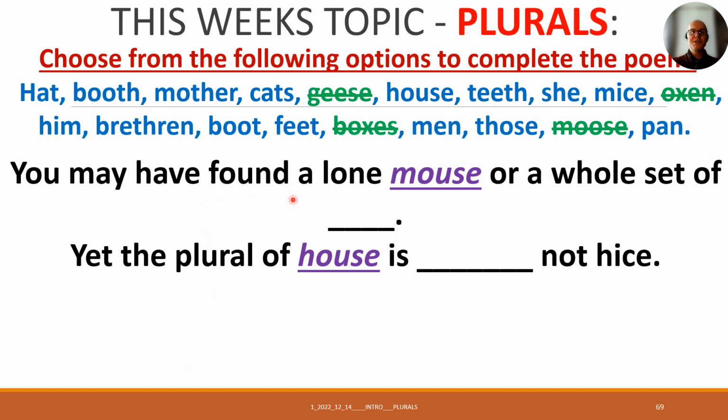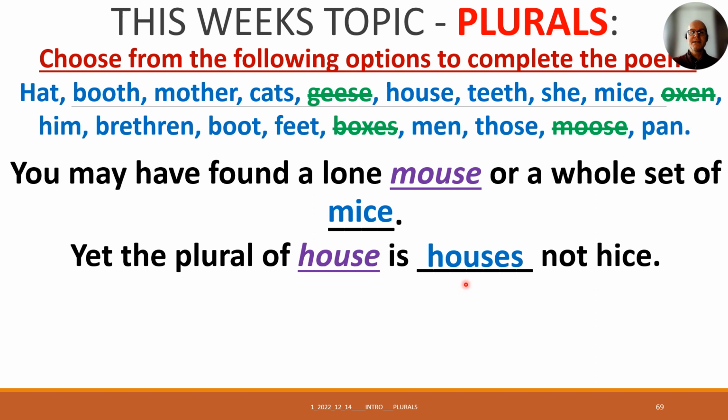You may have found a lone mouse or a whole set of blank, yet the plural of house is blank, not heis. So what's the plural of mouse? It's mice. What's the plural of house?